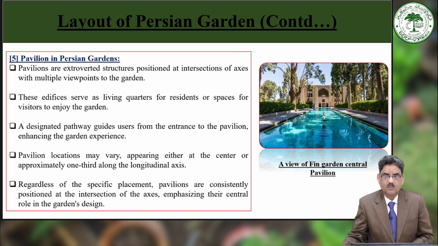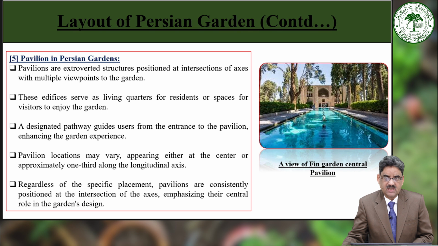Pavilions in Persian gardens are extroverted structures usually located at the intersection of axes with several viewpoints to the gardens. Pavilions are the edifices where the residents or visitors live in and enjoy the gardens.